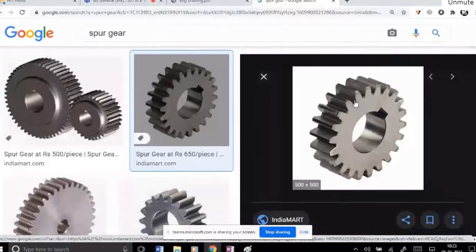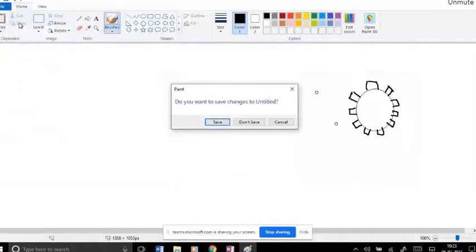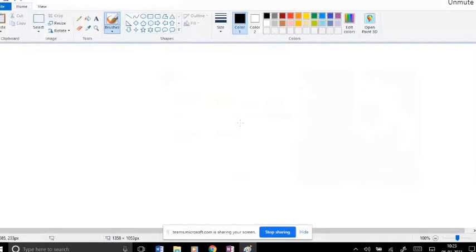construction of the involute. Let's start with the square because that is a little easier. Let me read the question first, or let me write the question.